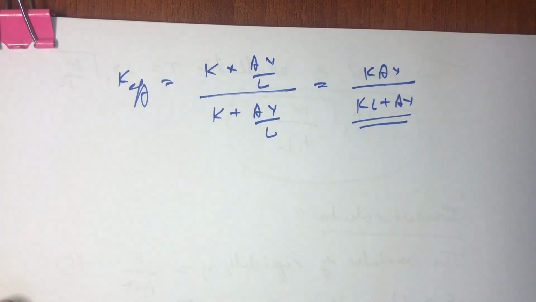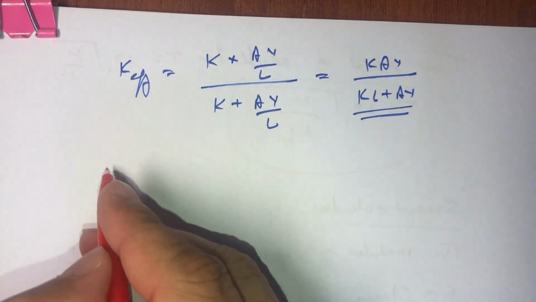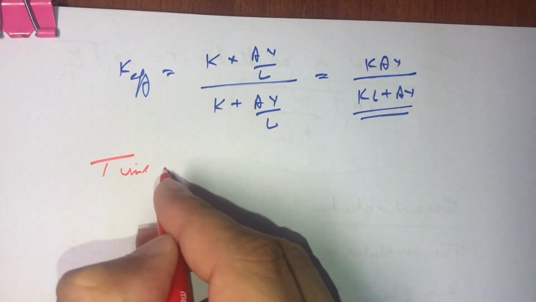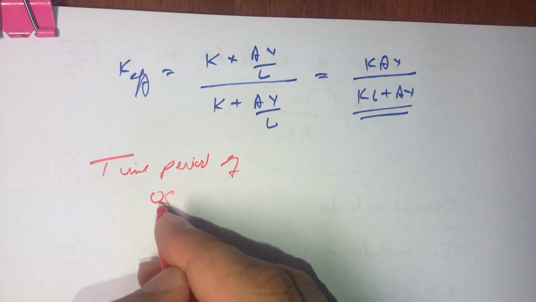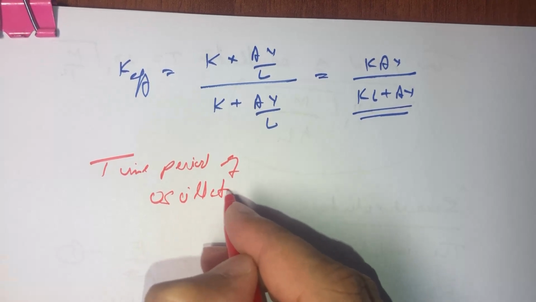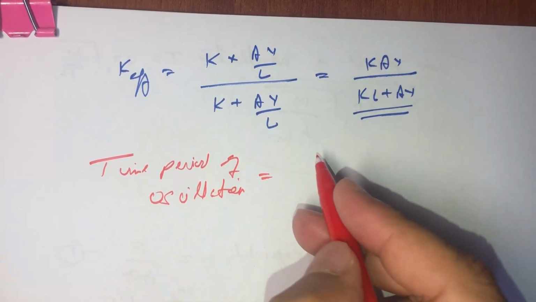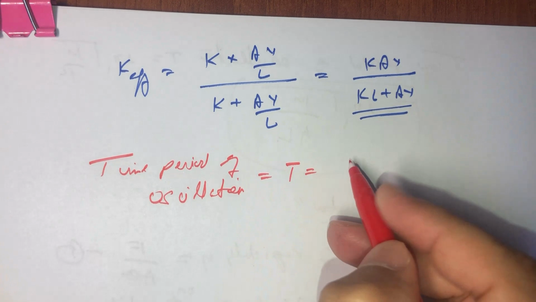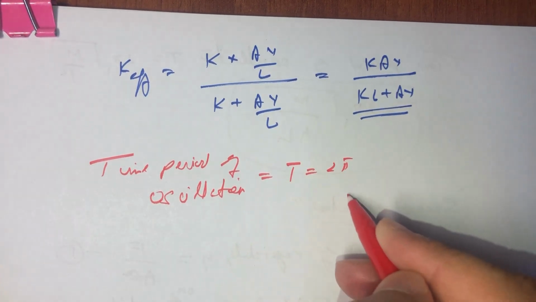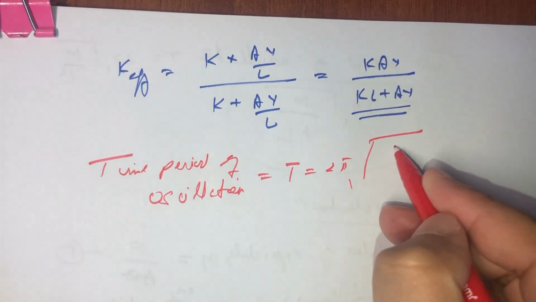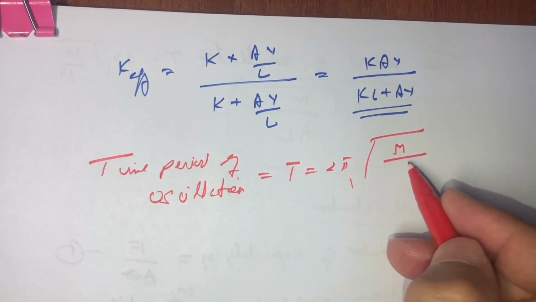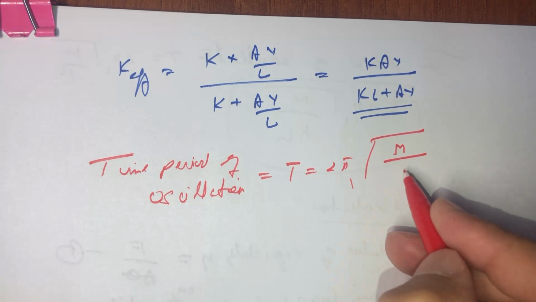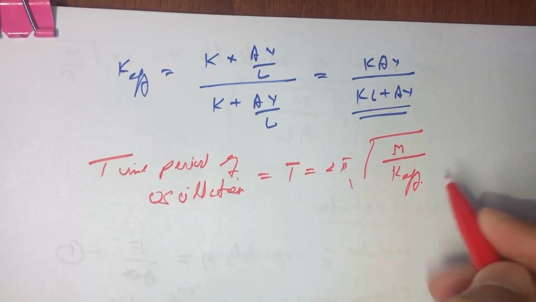Then the time period of oscillation, which is given as T, is equal to 2 pi square root of M, that is the mass which is connected to the spring, divided by the effective spring constant.